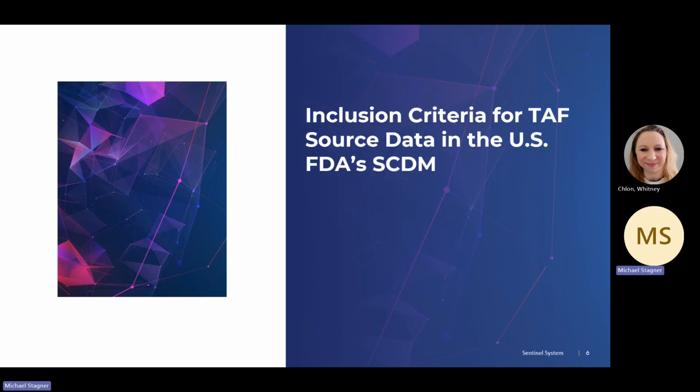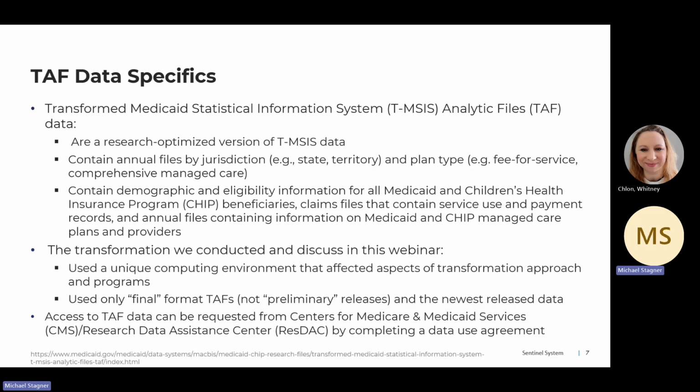The first section is a discussion of including the source data into the transformation process. So the transformed Medicaid Statistical Information System analytical files are a research optimized version of the T-MSIS data, which are submitted by individual jurisdictions.